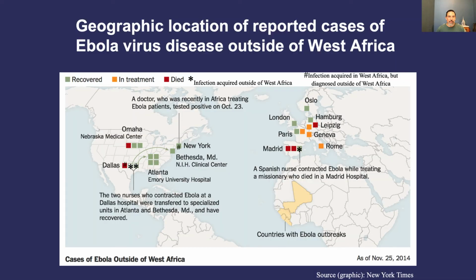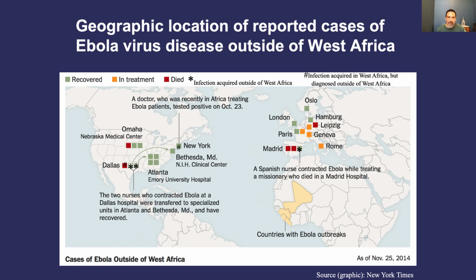There was also spread outside of the West African region. Some of this was export of cases that were acquired in West Africa that traveled to other countries. But you can get a sense here of the different countries where cases spread to. We had several cases of infection that were imported to the US from West Africa, and a few cases that were actually acquired in the US, so spread of Ebola in the US.